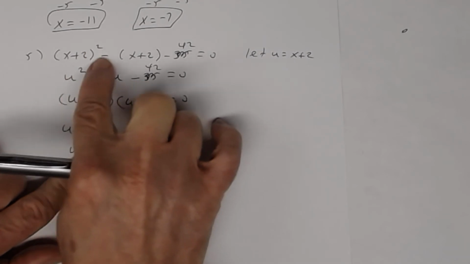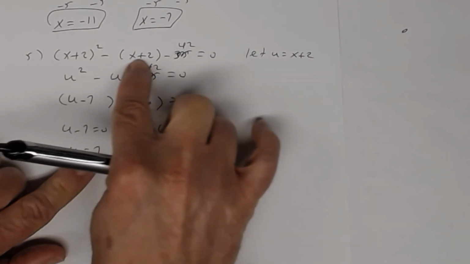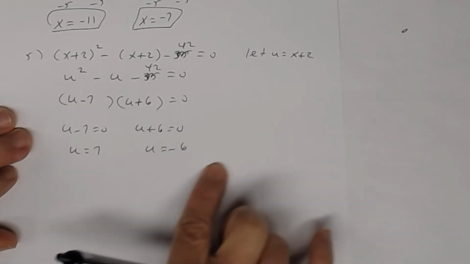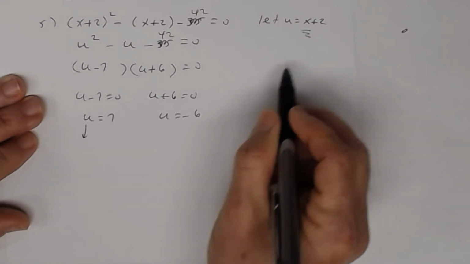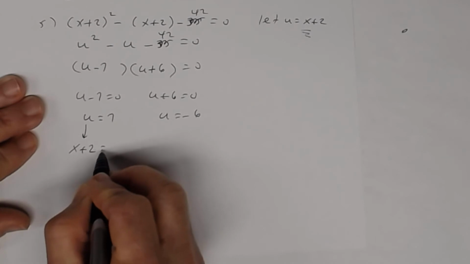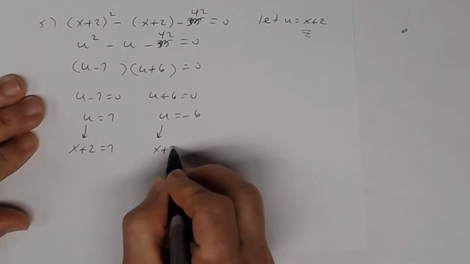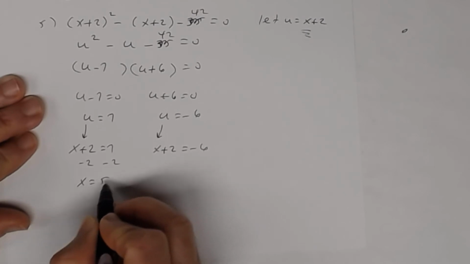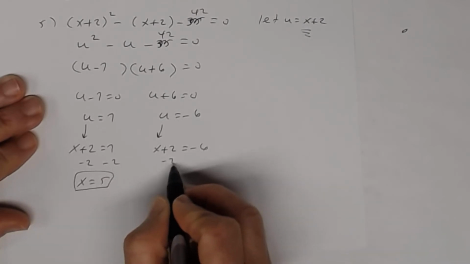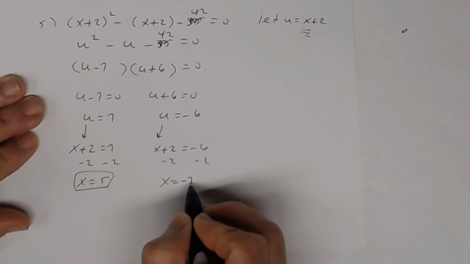But we want to solve the equation, the original equation had the variable x. So you need to resubstitute. So in place of u, you're going to substitute x plus 2. So x plus 2 equals 7. X plus 2 equals negative 6. Subtract 2 from both sides, you get x to be 5. Over here, subtract 2 from both sides, you get x to be negative 7.